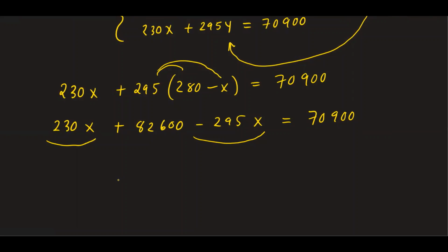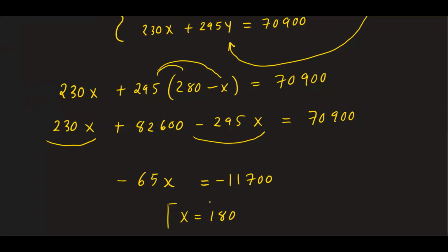So that would give me negative 65x. And then I can subtract away 82,600 on both sides from 70,900. So that would give me about negative 11,700. And now I can divide both sides by 65, which will give me x is equal to 180.